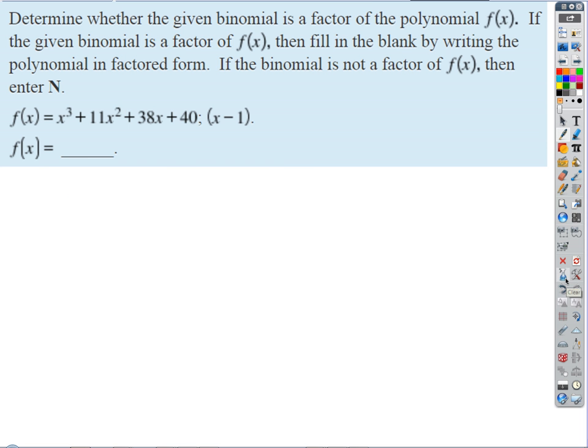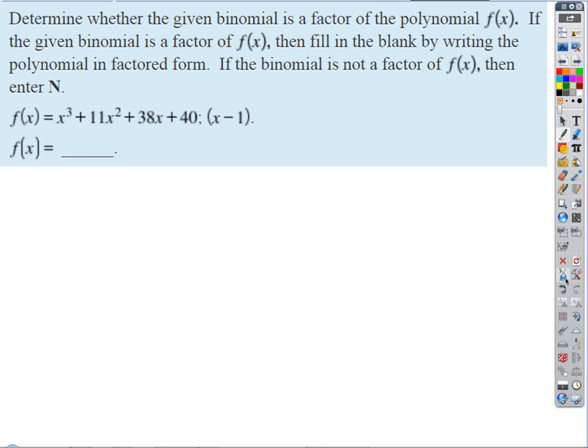Okay, for now, when we get into the next module, we're going to look at some ways where we could do this without being given a hint. But for now, we're going to be given a hint. So they're going to tell us in this case that maybe x minus 1 is a factor of this function. And we'll check to see if it actually is. If it is, that would allow us to factor this thing completely.